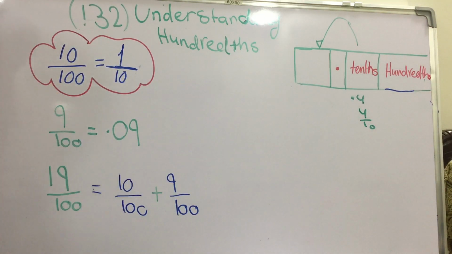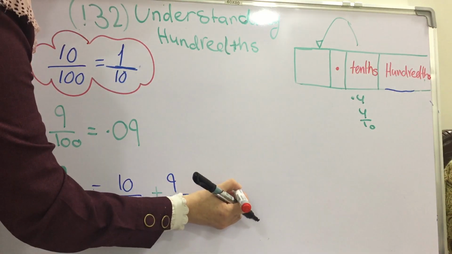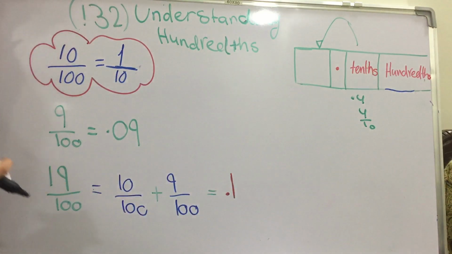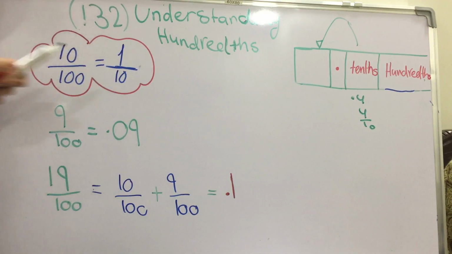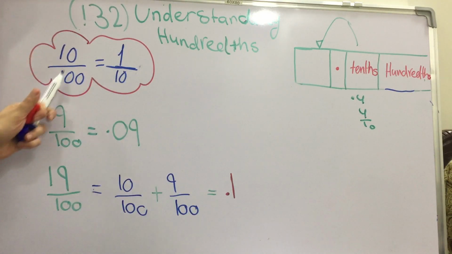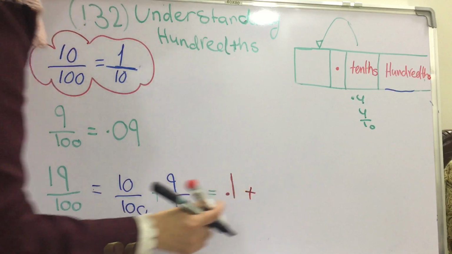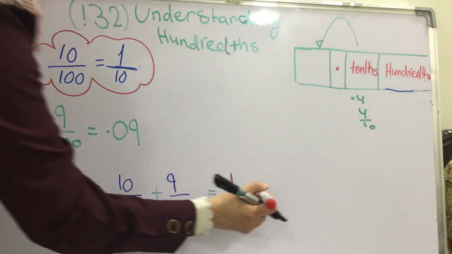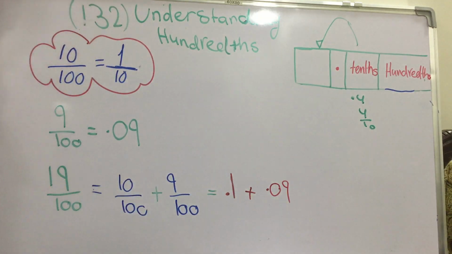Can you write these in decimals? Sure, I will write it for you. Look here. 10 hundredths, I will write on the 10th place, which is number 1. Okay, 10 hundredths means 1/10. And I have also 9 hundredths, which is 0.09, so 0.10 plus 0.09.